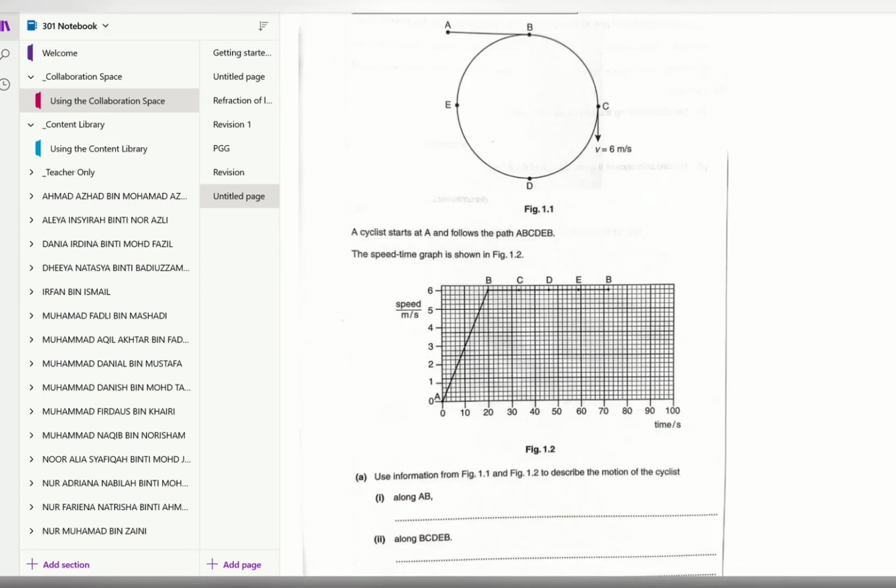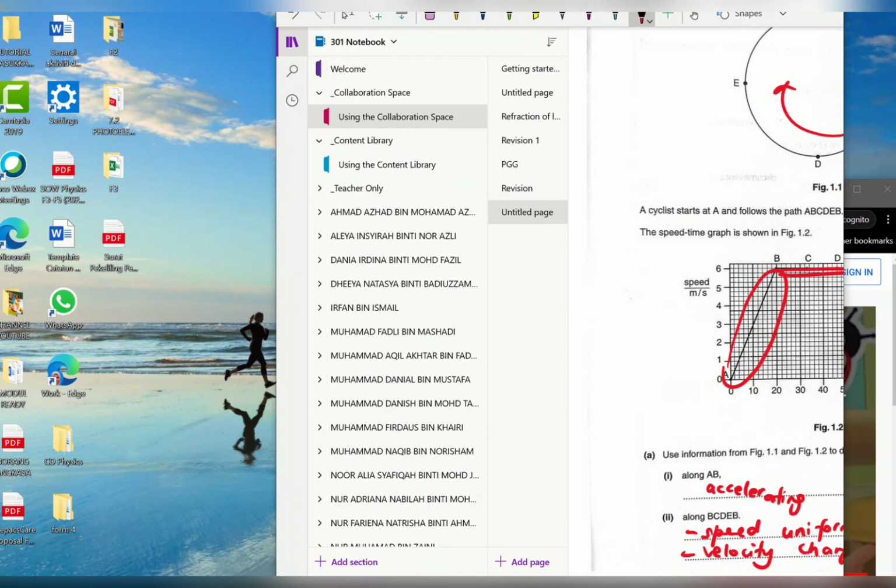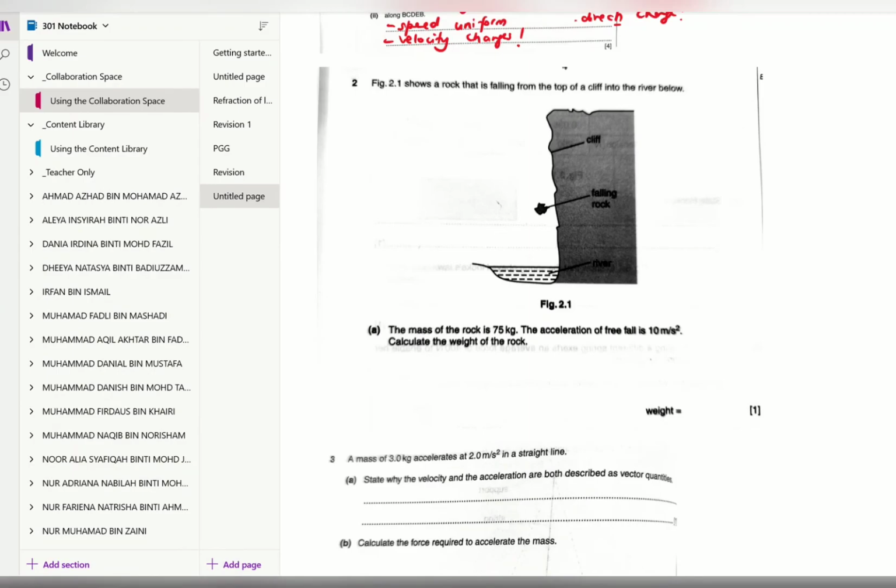So this is the question. Okay, this is easy. The mass is this one. Acceleration. So what's the weight? Okay, that's true.